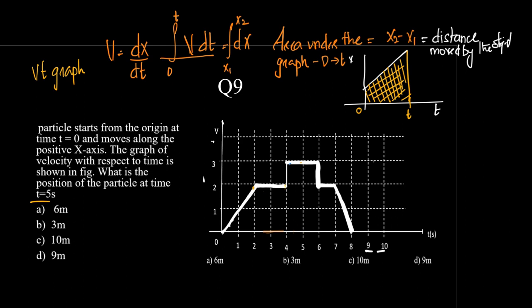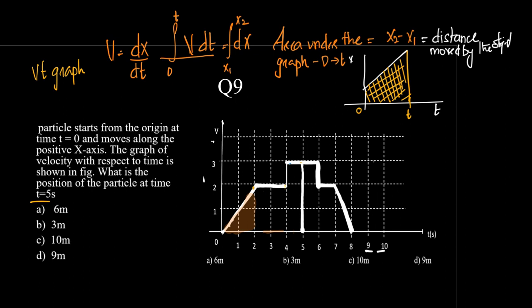So we've been asked to find out this much area under the curve, right? So we'll use 3 different areas to calculate. This will be area 1, highlighted in red.